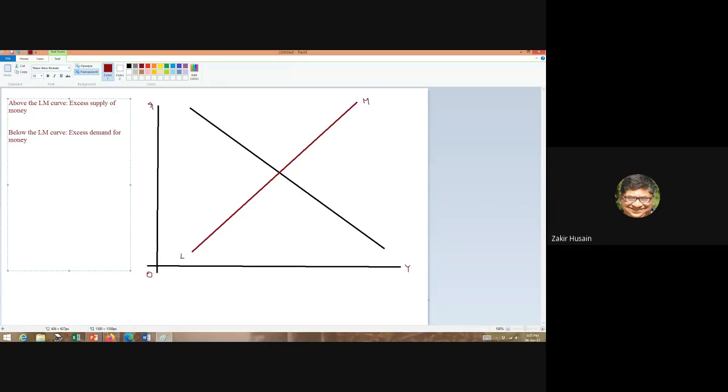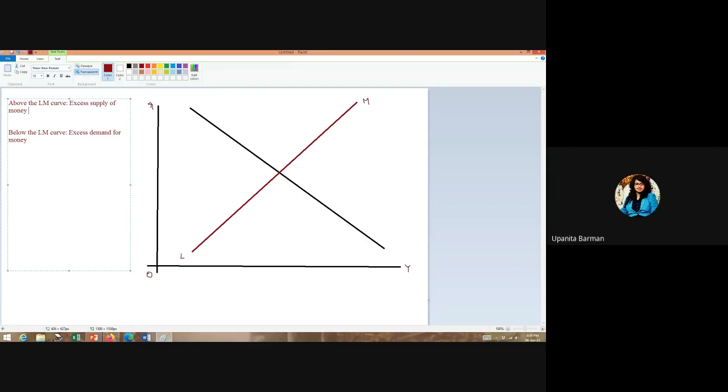So if you have excess supply of money, how can you come back to equilibrium in the money market? If you have excess supply of money, you will want to purchase bonds, so bond prices will go up, and the rate of interest will fall.